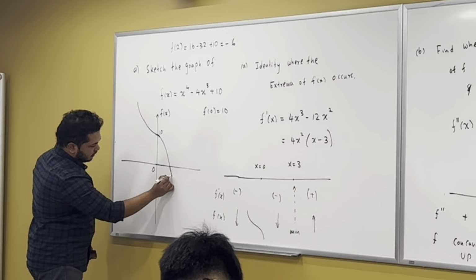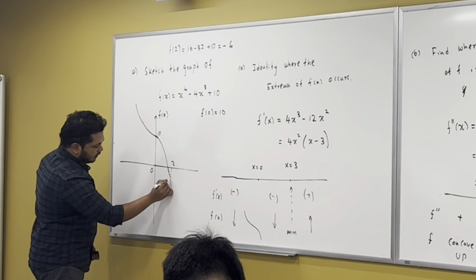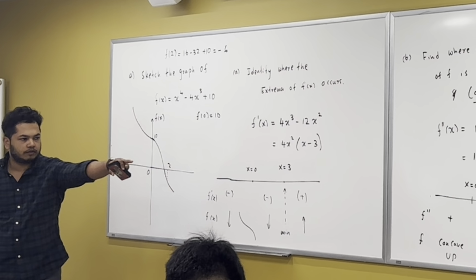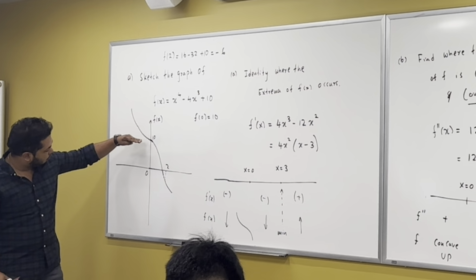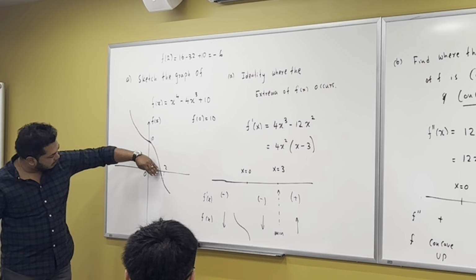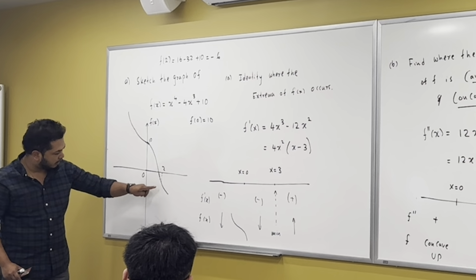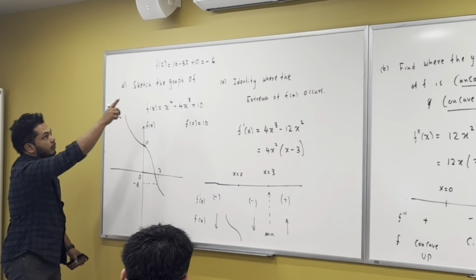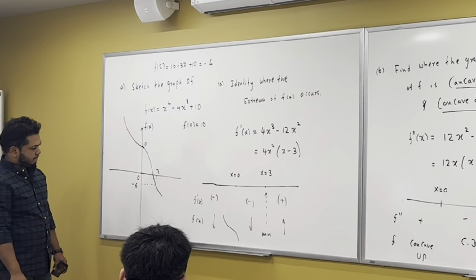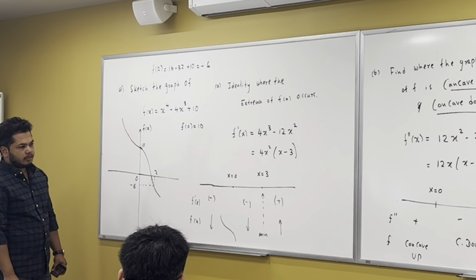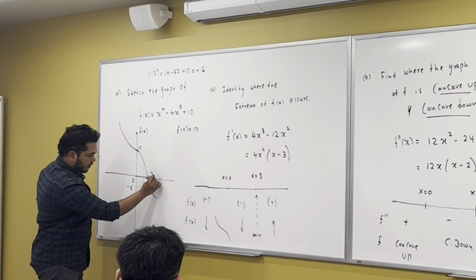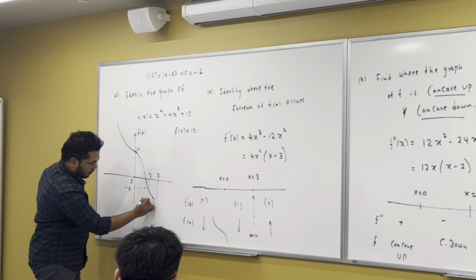Coming like this, and at 2 it changes, because 2 is one of the inflection points. Concave down and it changes to concave up at 2. Okay? This number is negative 6. That's what we got. Okay. And I have a minimum at 3. So 3 is somewhere here. I get the minimum. Okay.